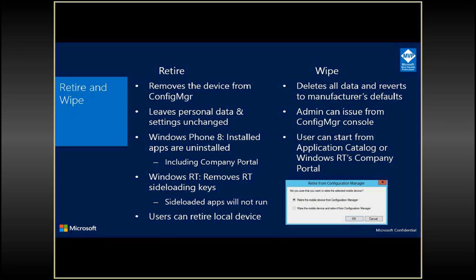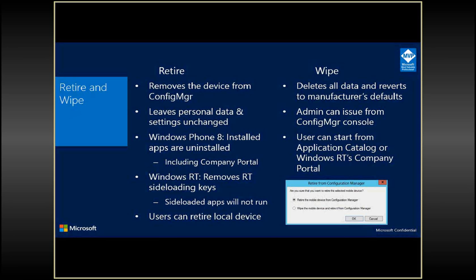And for Windows RT, it removes the Windows RT sideloading key, and if that key is removed, then those sideloaded apps will not run. And the user can also retire their personal devices.